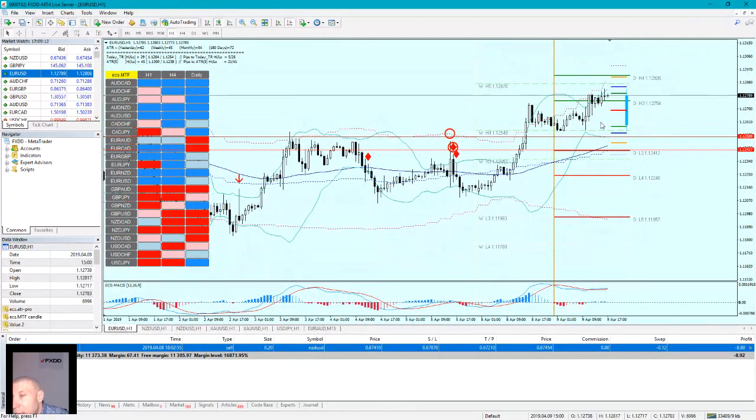If it breaks it and we see a daily close above weekly H5, daily H4 or ATR, then we know that the price is very bullish, and we actually should go long on the dip this week, definitely, because today it's Tuesday, right? So tomorrow, yeah, we still have 3 more days to go long on the euro dollar.